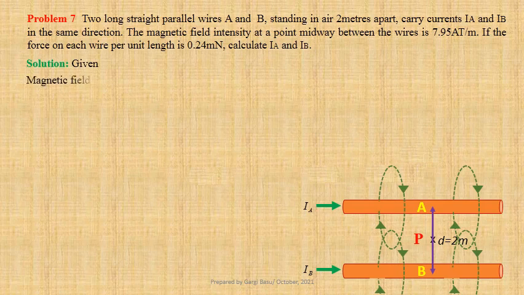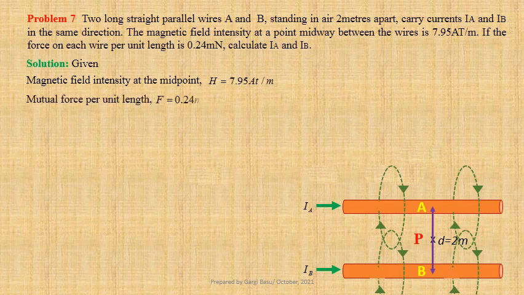Magnetic field intensity at the midpoint P, H equals 7.95 ampere turns per meter. Mutual force per unit length, F equals 0.24 millinewton per meter or 0.24 into 10 to the power minus 3 Newton per meter.